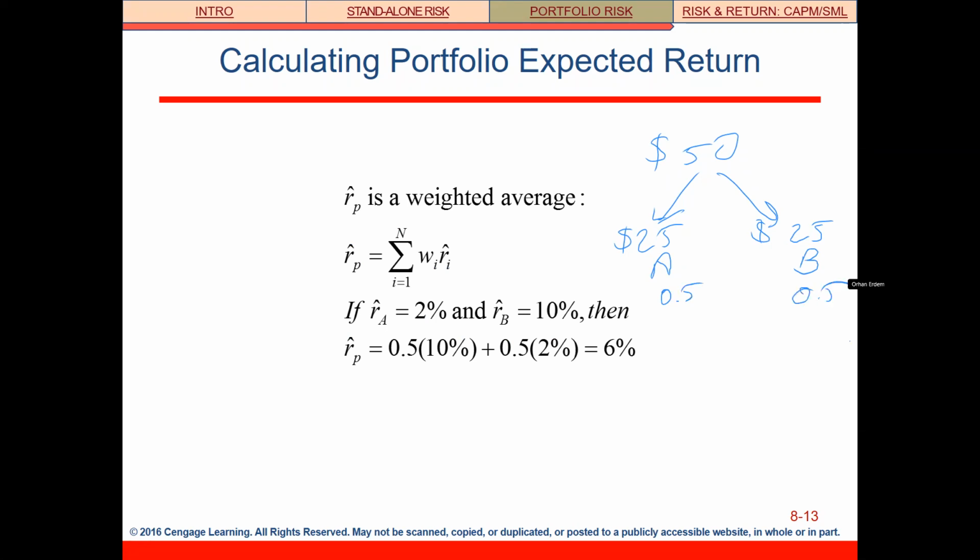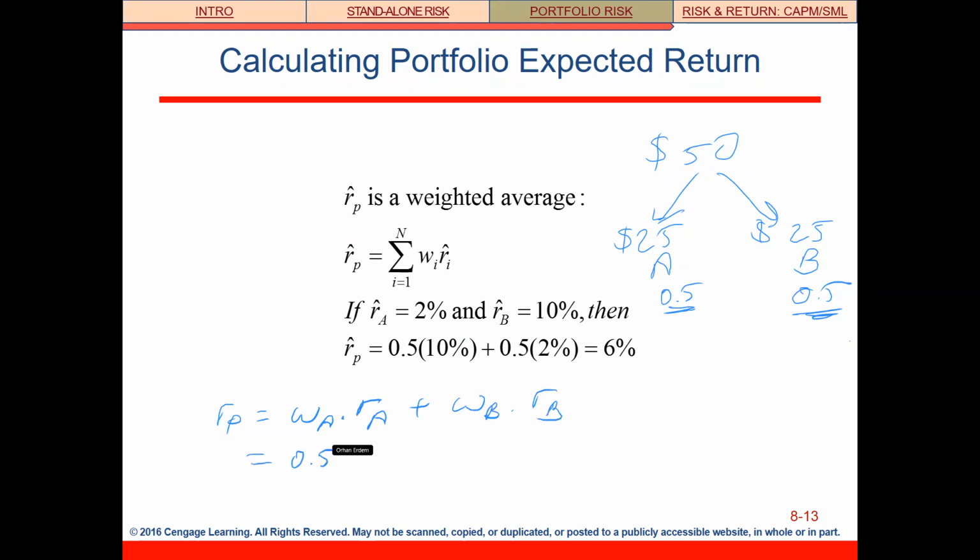It might not always be the case. Anyway, the formula is: return of the portfolio is equal to the weight of A times the return of A, plus the weight of B times the return of B. In this case, A's weight is 50%.